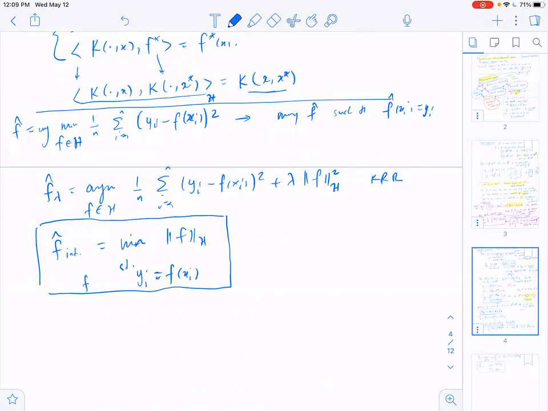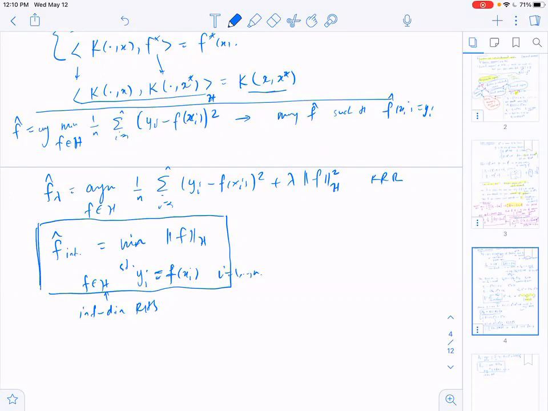So you could do it. If f is in a Hilbert space, you can always interpolate any n set of points, if it is an infinite dimensional RKHS. There are many functions in the Hilbert space that do this. And then the natural thing to do is to find the minimum norm solution.